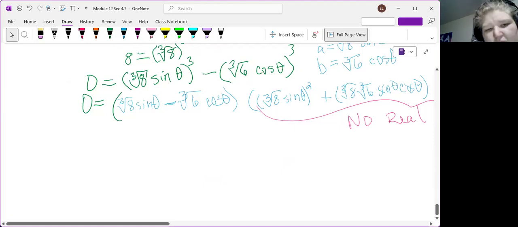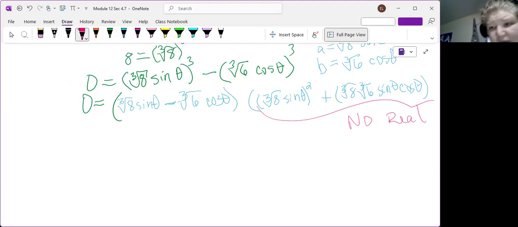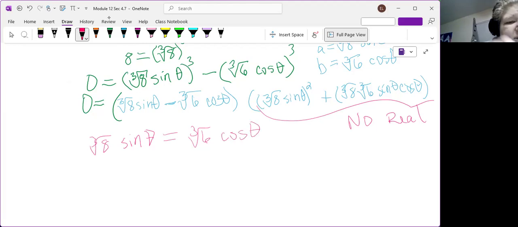So if a minus b equals 0, then what we're really solving here is a equals b. So the cube root of 8 times the sine of theta equals the cube root of 6 times the cosine of theta. All of this is just to try to find a critical value. All right, so if I have sine over cosine, I can trade that out for tangent. So I'm going to divide both sides by cosine.